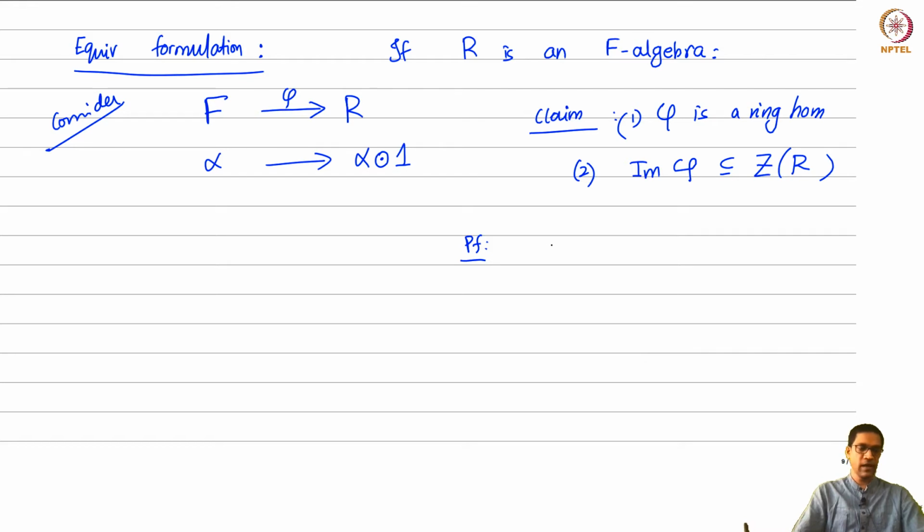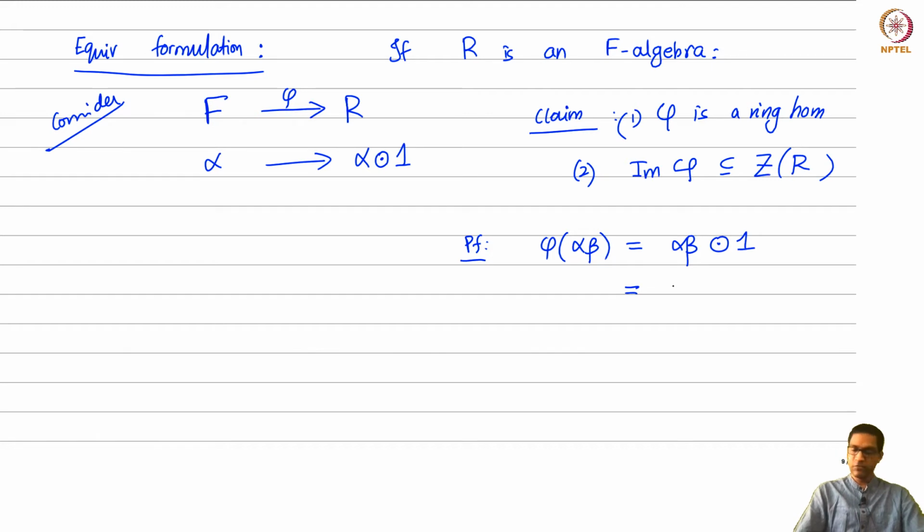For example, what is phi of alpha beta? By definition, it's alpha beta scalar multiplying 1. But how do you scalar multiply alpha beta with 1?